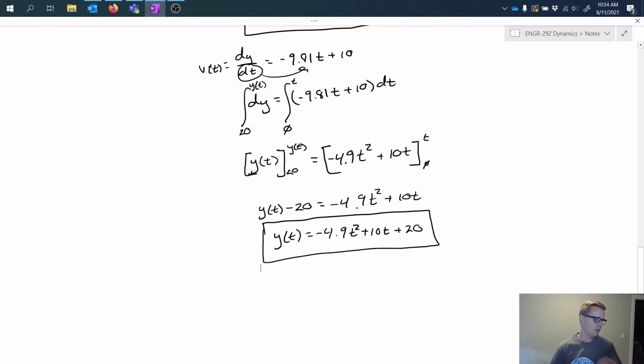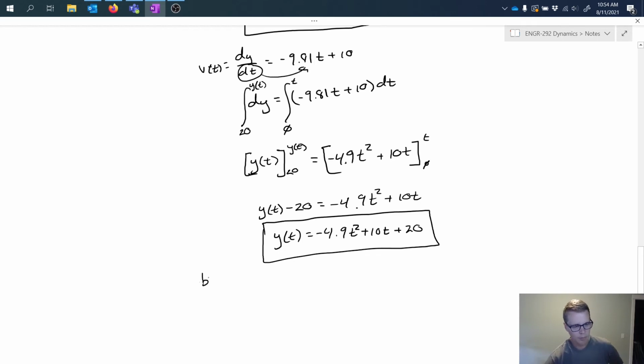If you've ever tossed a ball in the air and thought carefully about it, as you toss the ball in the air, it travels up with some velocity, it stalls out at the top before it comes back down, right? So what is the defining characteristic of that condition? Well, the defining characteristic is that when the ball stalls out at the top, its velocity is 0.